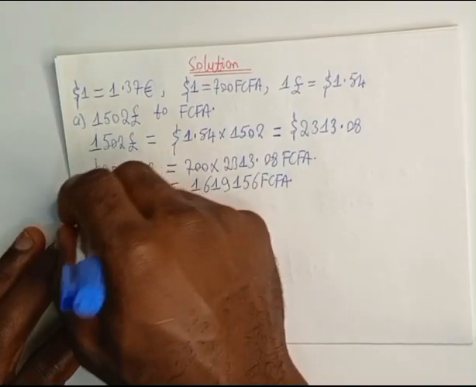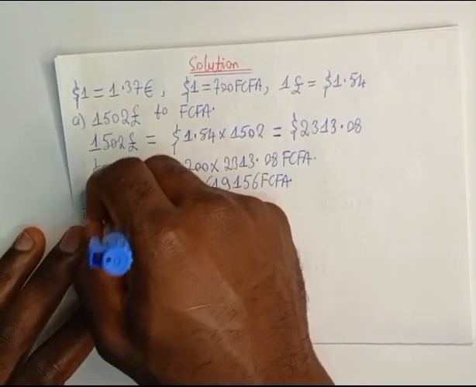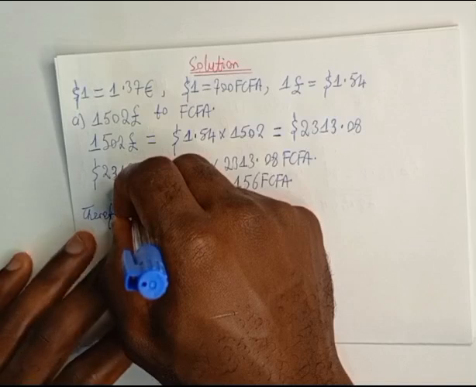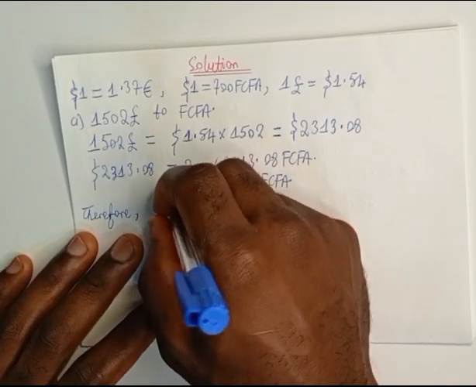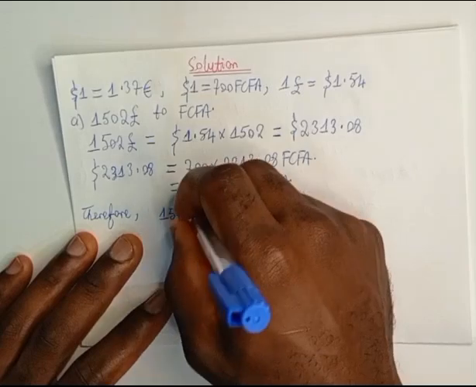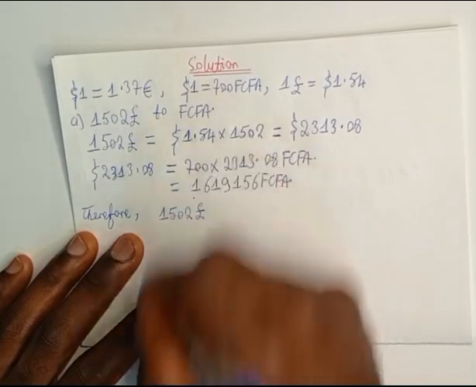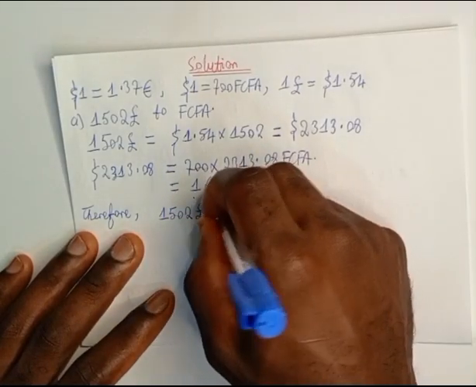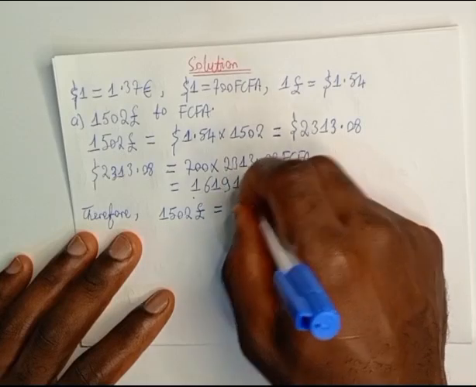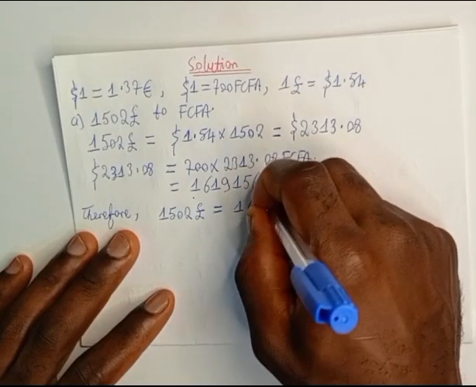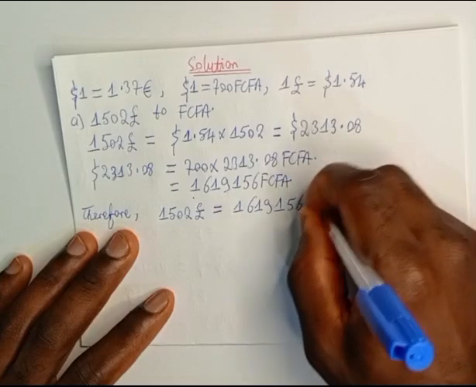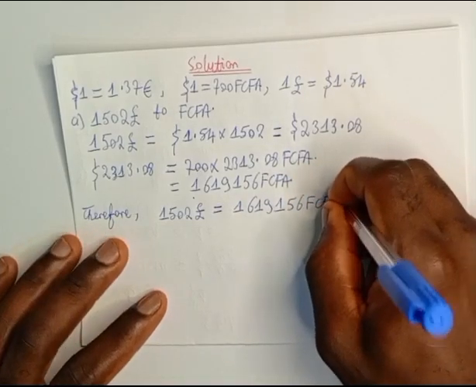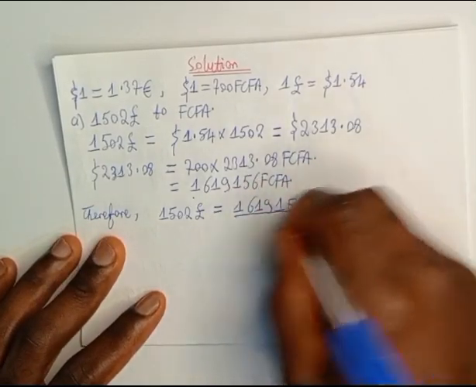Then we conclude, therefore, the amount 1,502 pounds is simply equal to 1,619,156 francs CFA. We underline the answer.